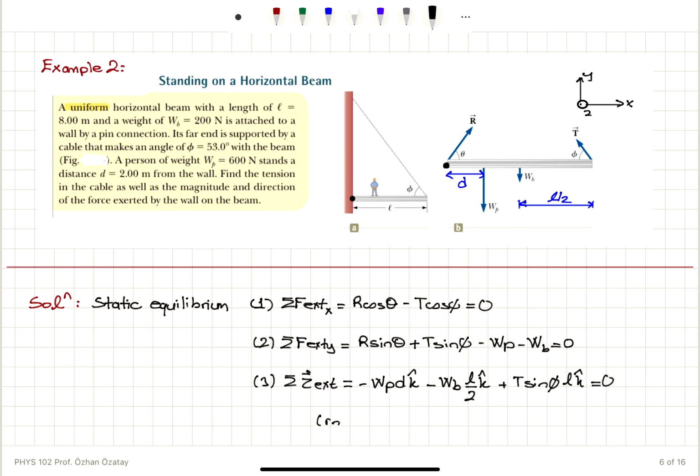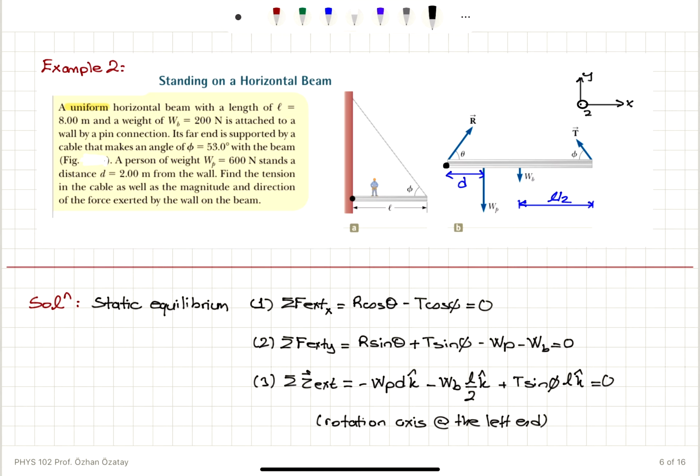And this is basically written for a choice of rotation axis at the left end of the beam where it is touching the wall.